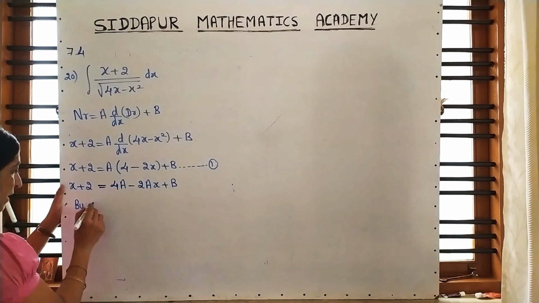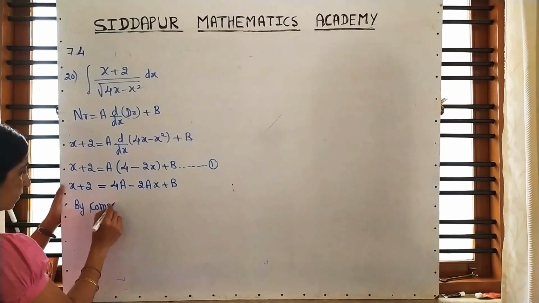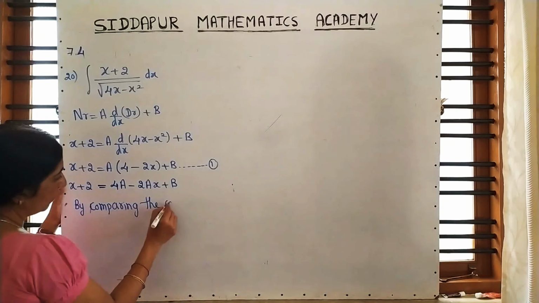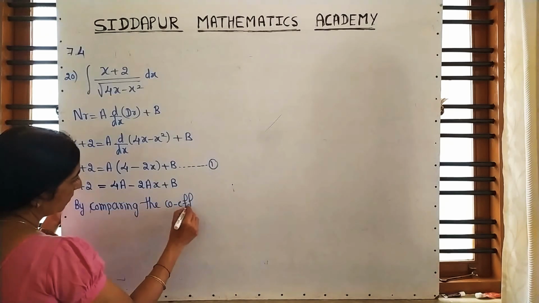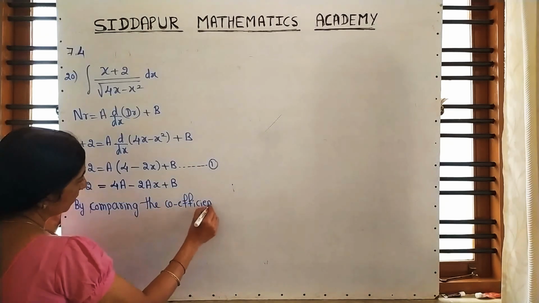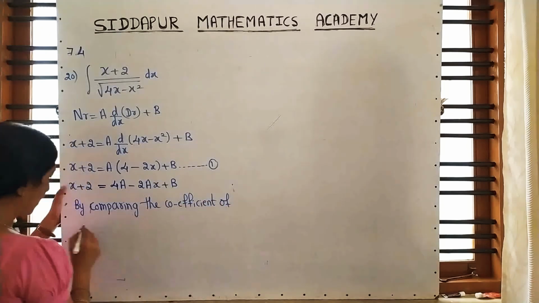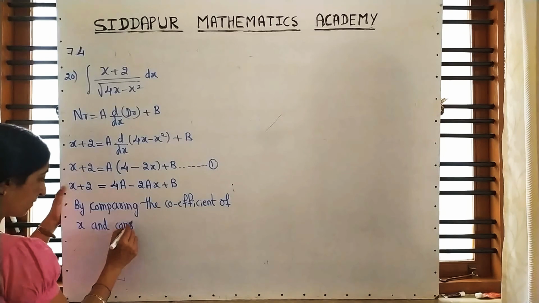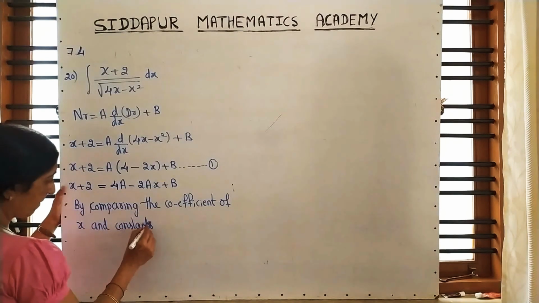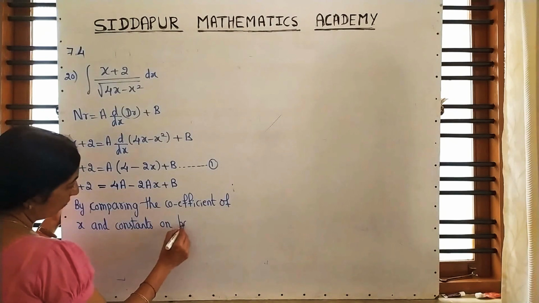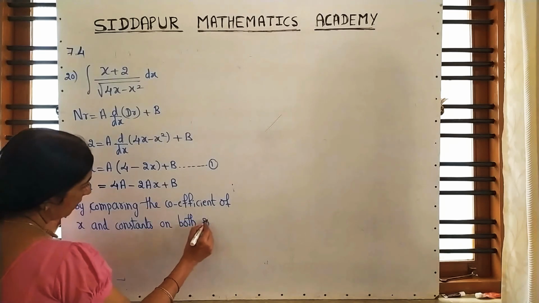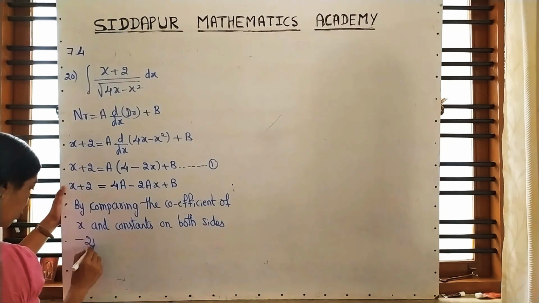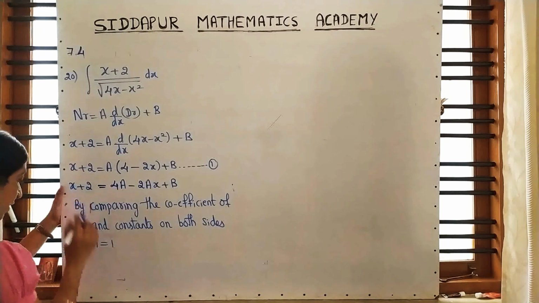By comparing the coefficient of x and constants on both the sides. The x coefficient is minus 2a and here the x coefficient is 1.